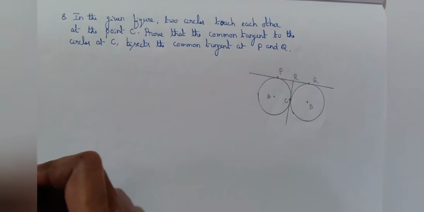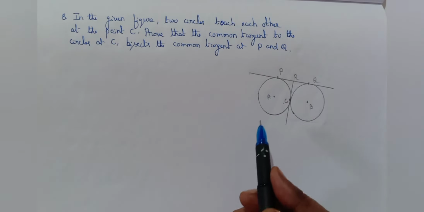We know the tangents drawn to a circle from an external point are equal.